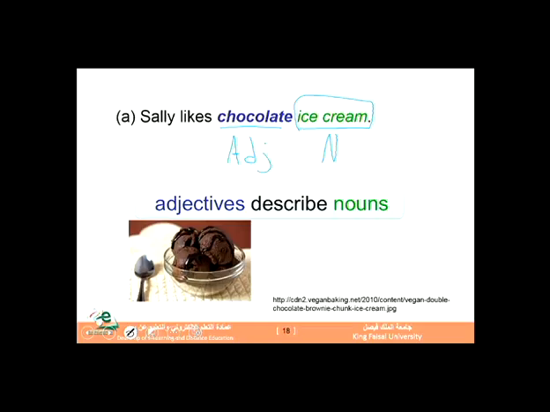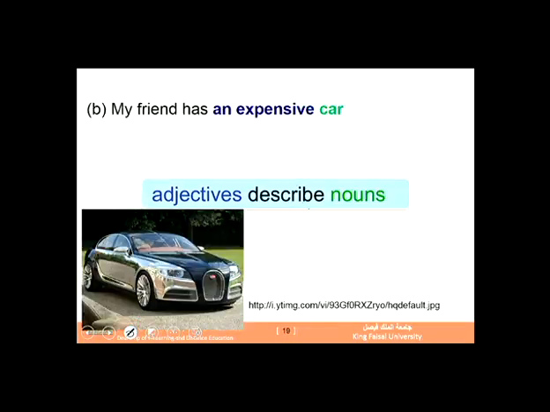If we say Sally likes ice cream, what kind of ice cream? What is the adjective of this ice cream? It's chocolate ice cream. So the adjective describes nouns. So here we have the word chocolate functioning as adjective and ice cream functioning as a noun.